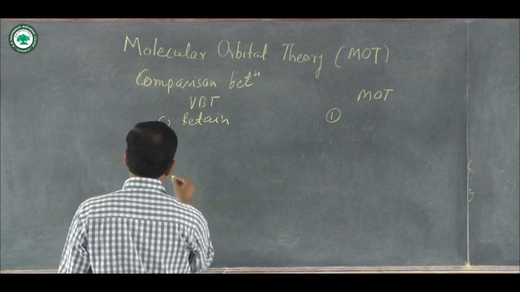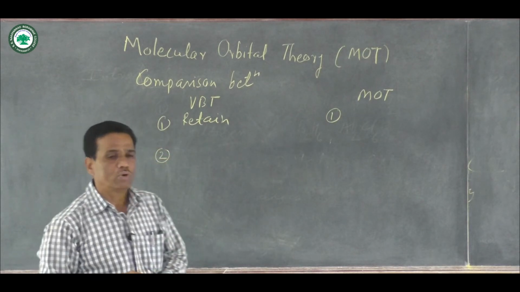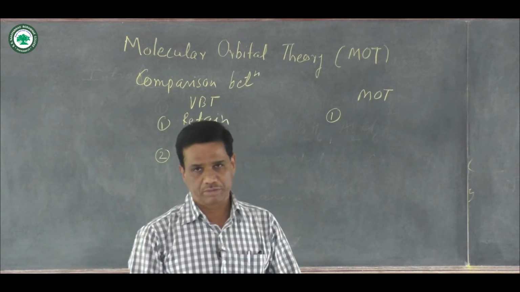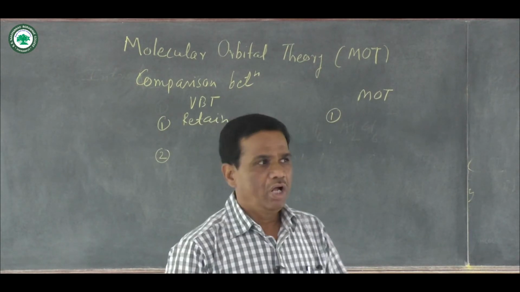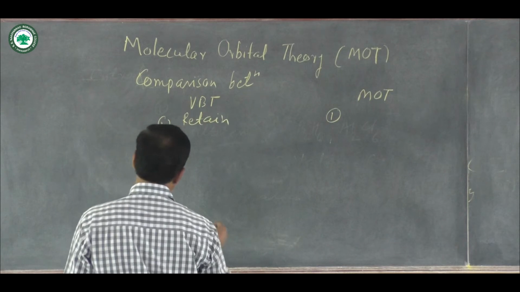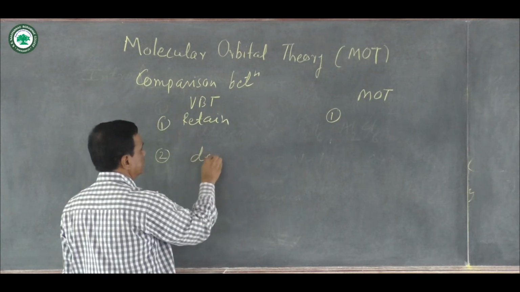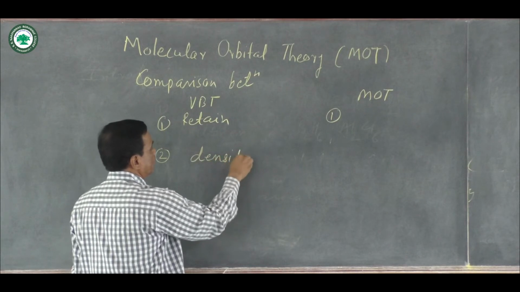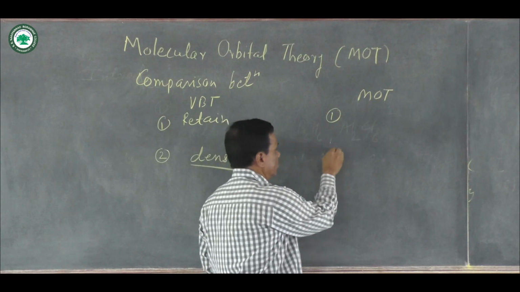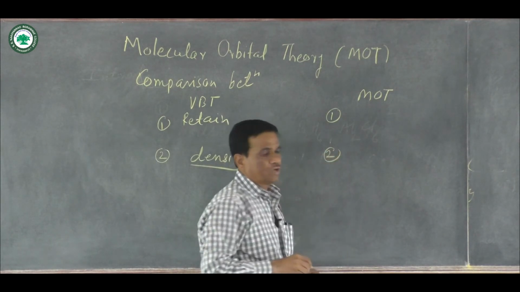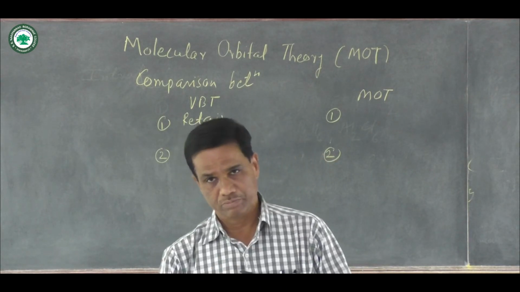Then second point: for valence bond theory, once there is overlapping of atomic orbitals, electron density is concentrated in between the common region. But in molecular orbital theory, same number of molecular orbitals are formed, and electron density is not concentrated in between the two nuclei or common region.